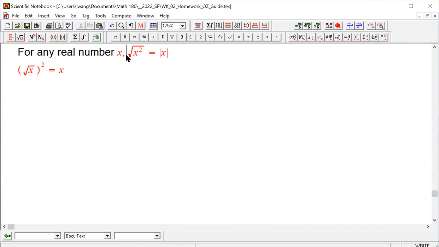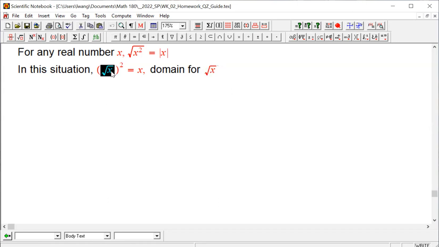Okay, so first of all, you have to see that the domain for the square root of x squared is all real numbers. In this situation, the domain issue for root x is very much related to the order of operation.